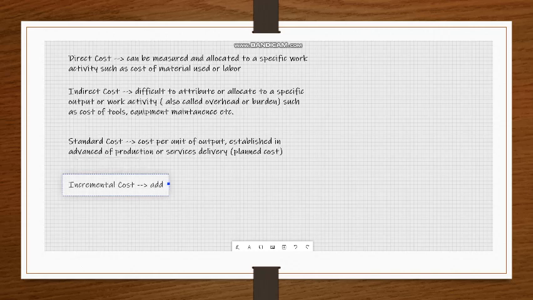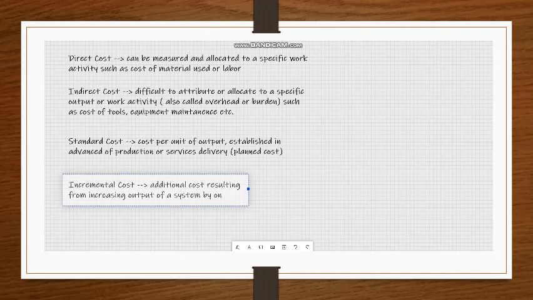It is additional cost resulting from increasing output of a system by one or more units, such as the cost of extra mileage on a rental car.